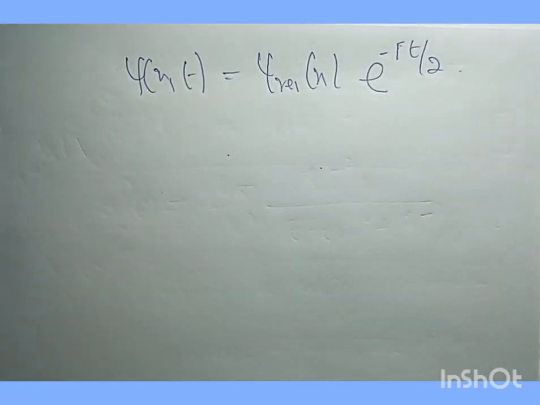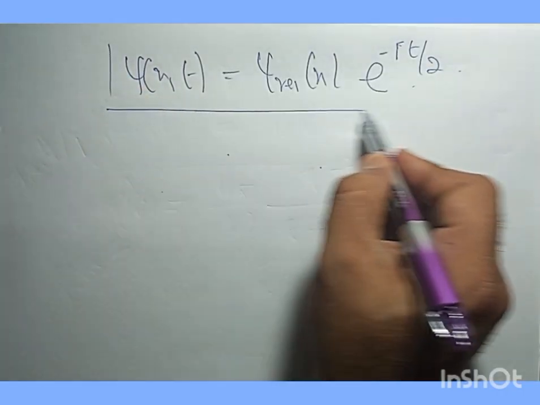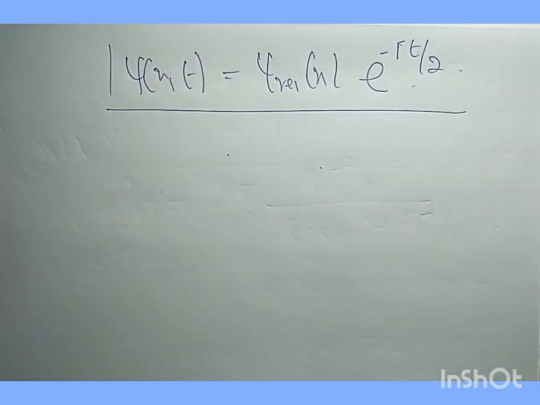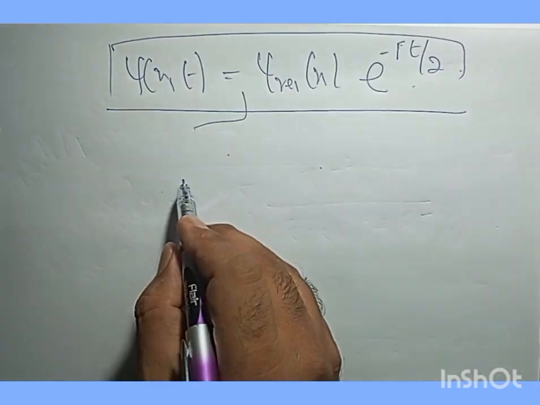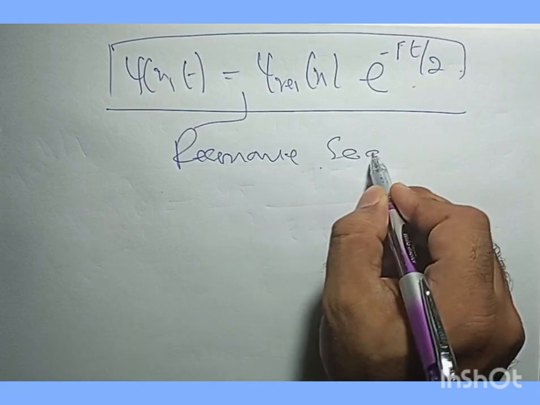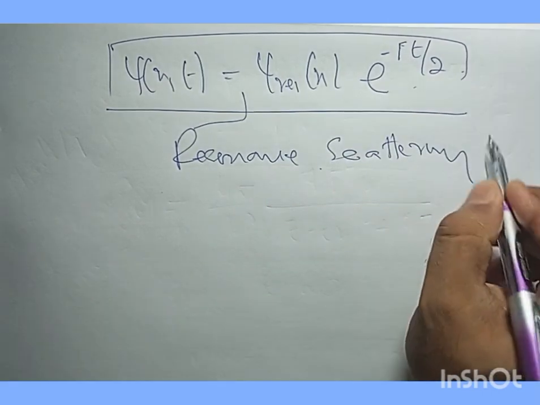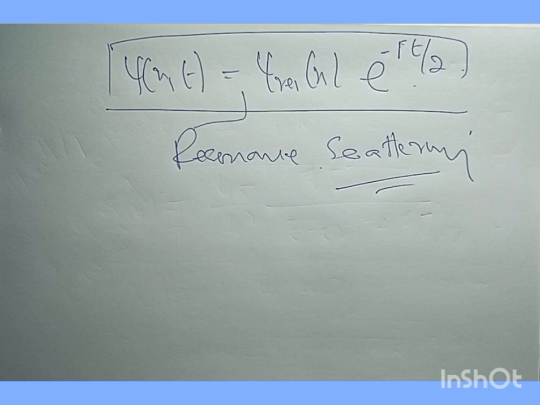This exponential decay is the characteristic of resonance scattering. So this is my resonance scattering equation, and it is the solution of Schrodinger's equation in the quasi-bound state which we have already defined.